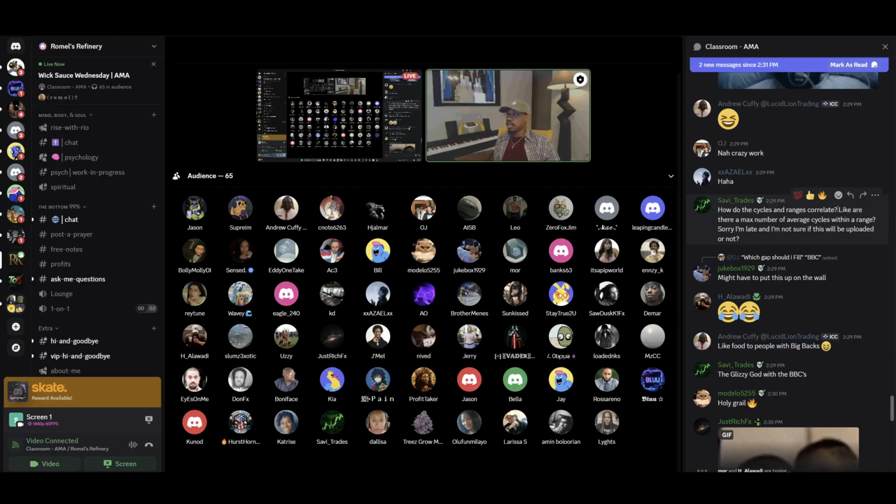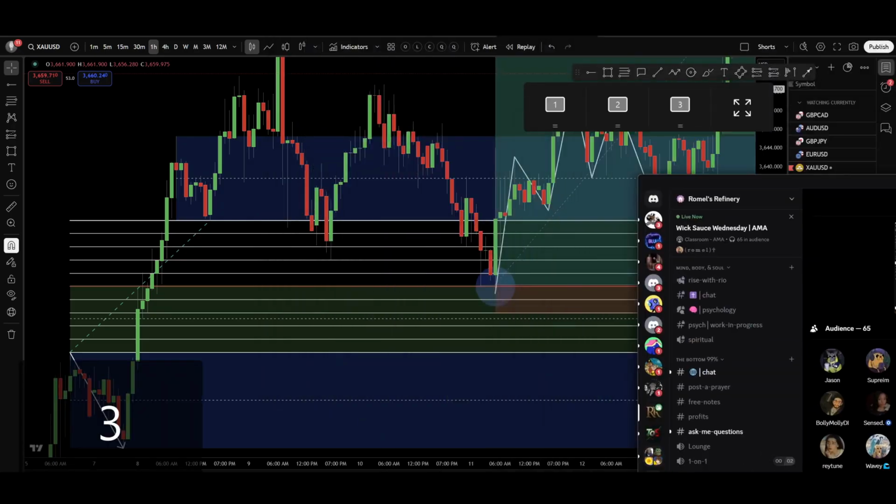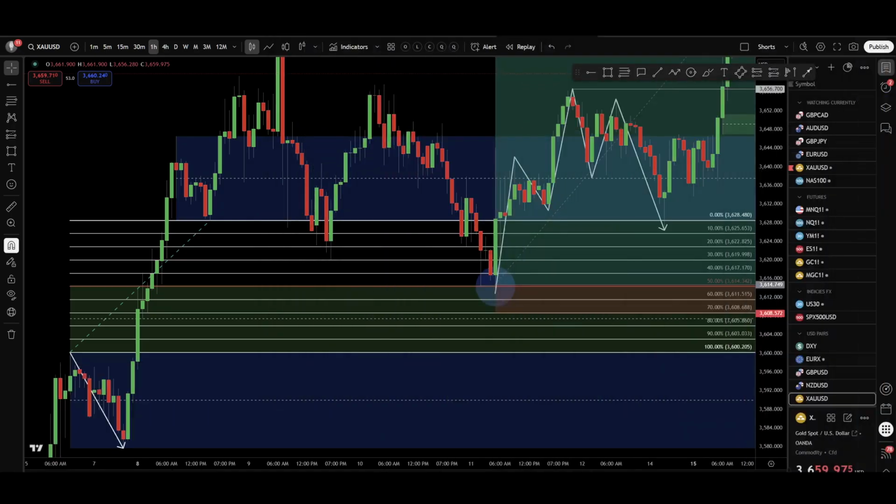I think I can put that on my list of stuff to talk about: market cycles. I might talk a little bit about beat the market maker, market cycles, what's typical. Usually you have about three cycles in a stable trend before the trend needs to figure out if it's going to continue or reverse.